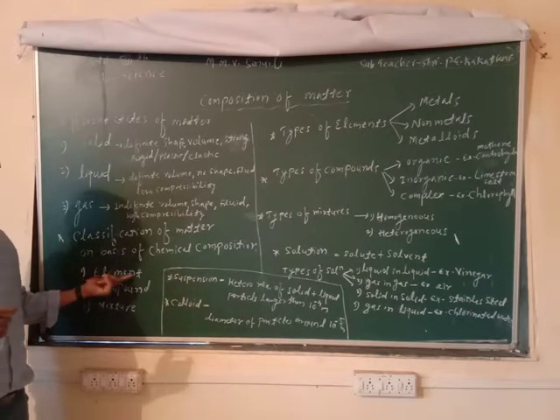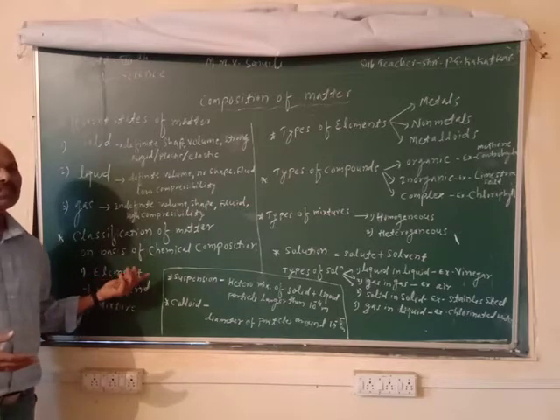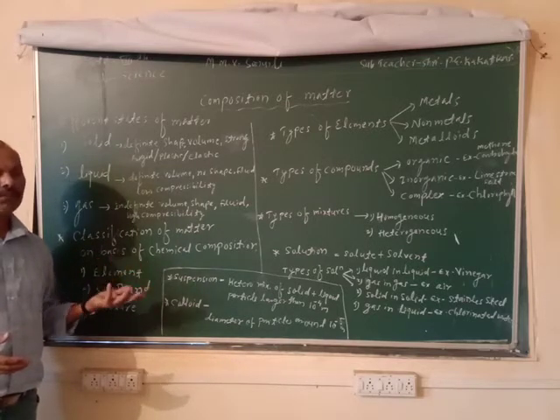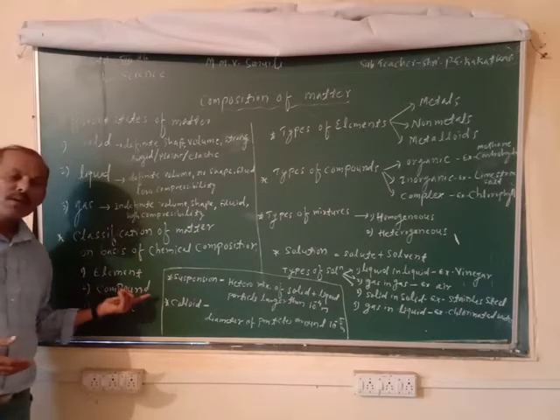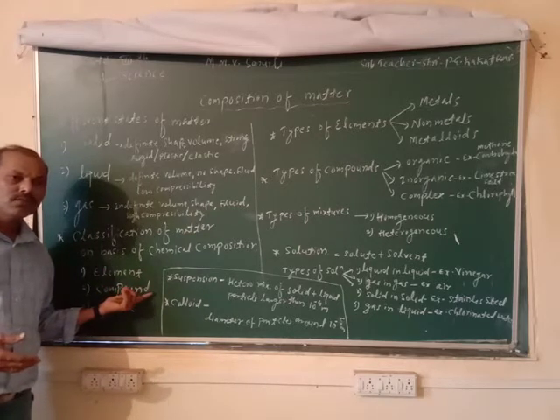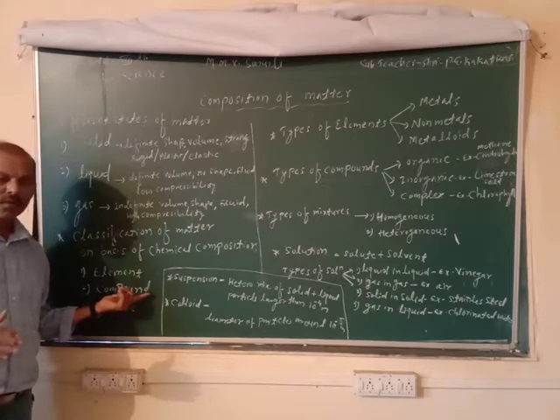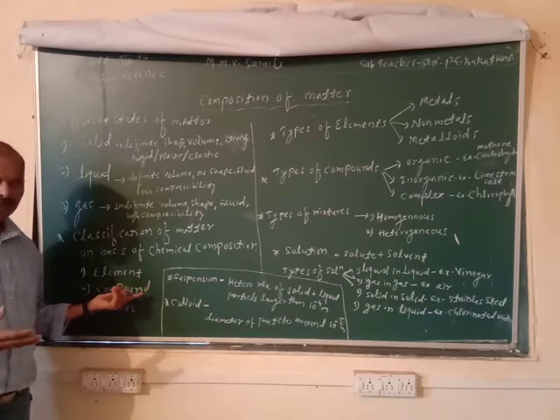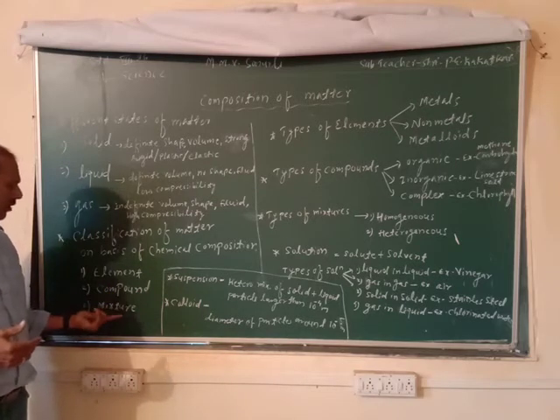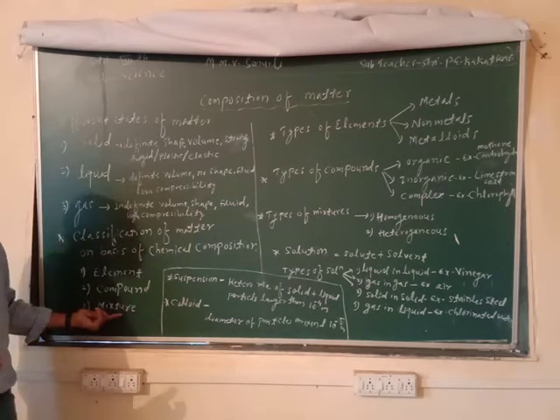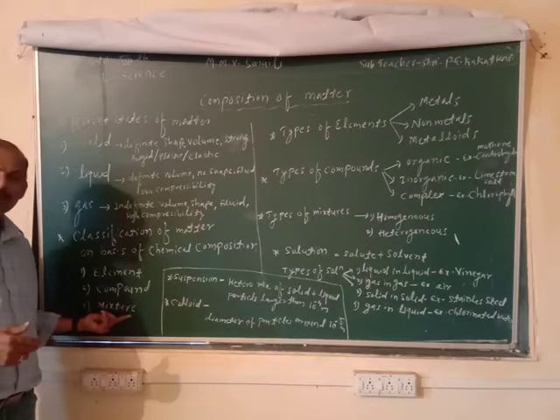So examples of elements are gold, silver, hydrogen, oxygen, like this. And examples of compound: salt, sodium chloride, copper sulfate, ferrous sulfate. These are some examples of compound. Then what are the examples of mixture? Concrete mixture, and mixture of eating ware can also be examples of mixture.